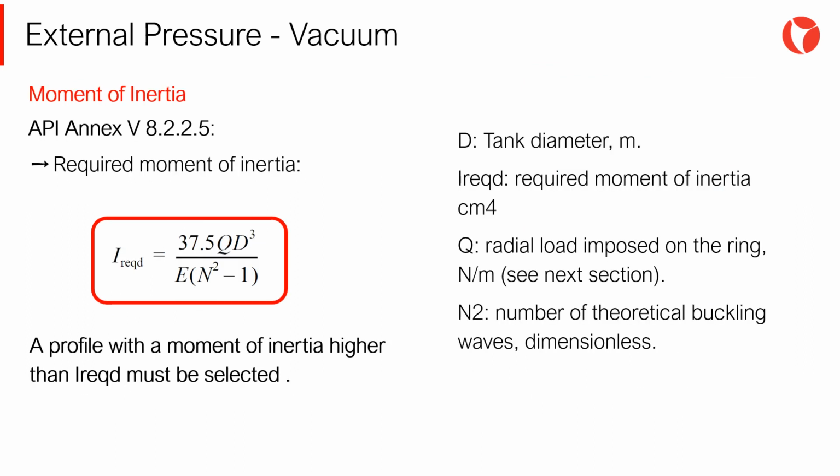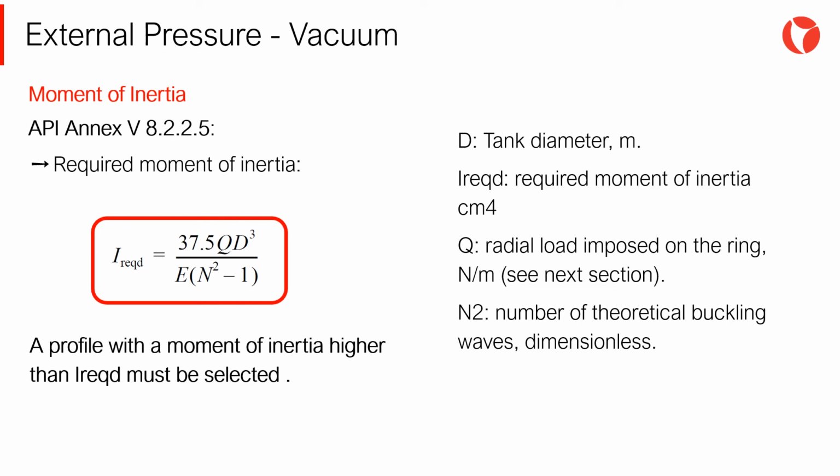The moment of inertia required for the combination of tank shell plus stiffening rings is determined by means of the equation displayed, where I rect is the moment of inertia required, Q is the radial load imposed on the ring by the shell, and N is the number of theoretical buckling waves.